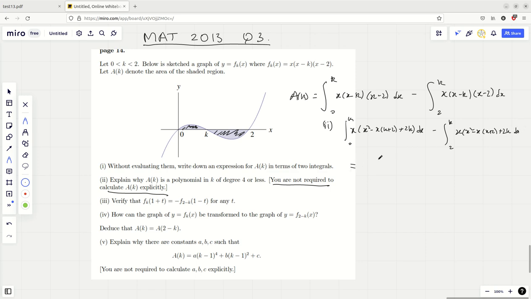The point is that you eventually get to square brackets where you've got x to the 4 over 4, because you're going to get an x cubed there. That's going to be minus x squared times a constant, so minus x cubed over 3 times that constant.